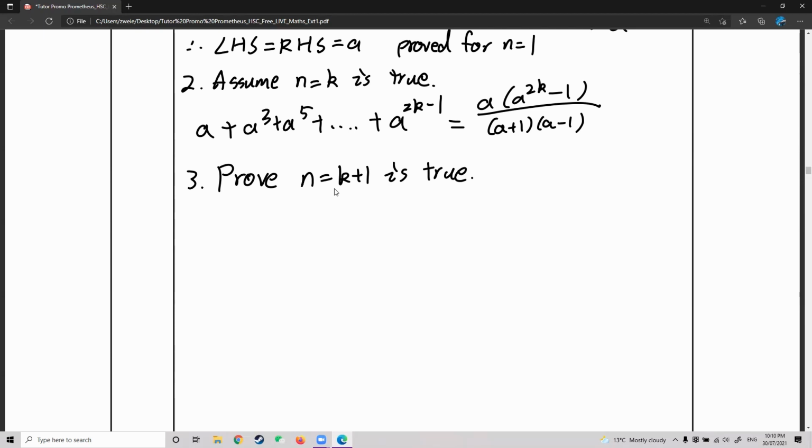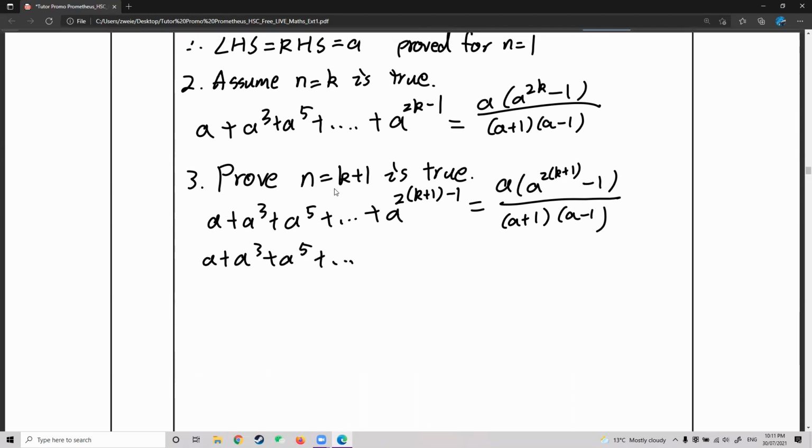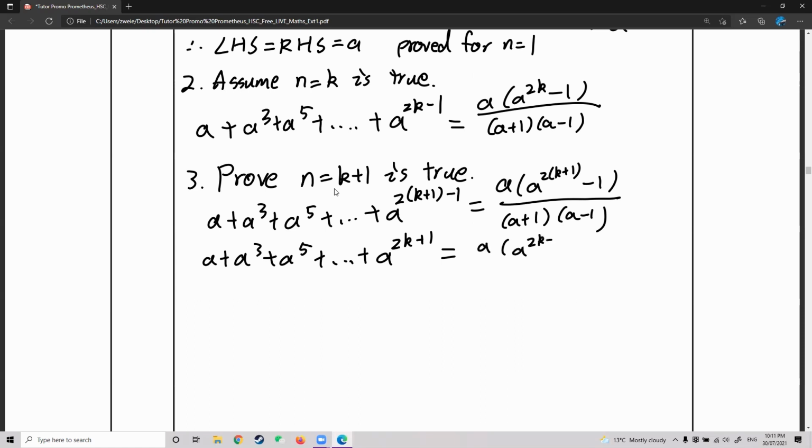So what I will be having is a plus a_3 plus a_5 plus dot dot dot all the way to a_{2(k+1)−1}, equal to a_{2(k+1)−1} over a plus 1, a minus 1. Now simplifying, what I should get is a plus a_3 plus a_5 plus dot dot dot plus a_{2k+1}, equal to a_{2k+2}−1 over a plus 1, a minus 1. Noticing this is what we are proving.